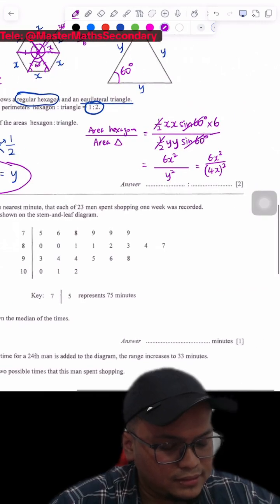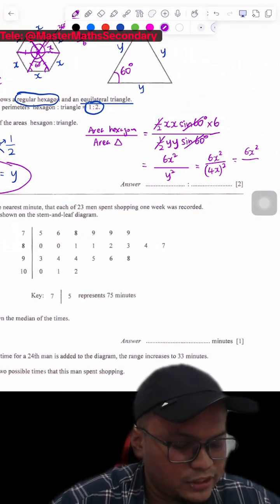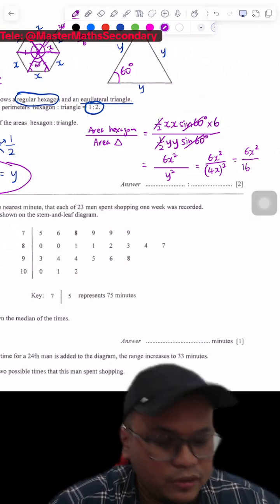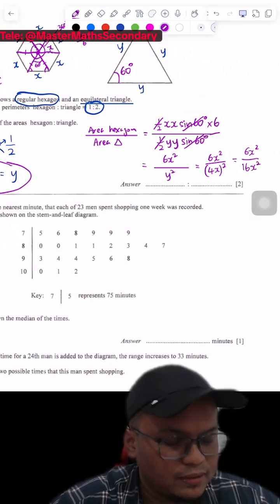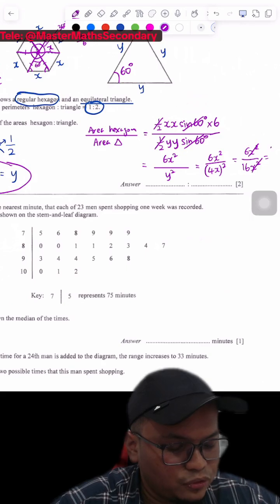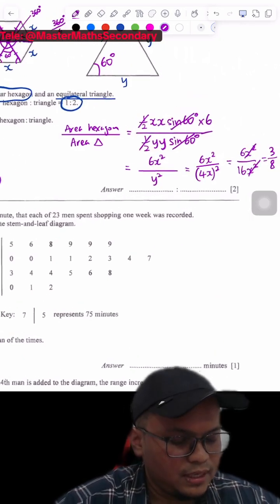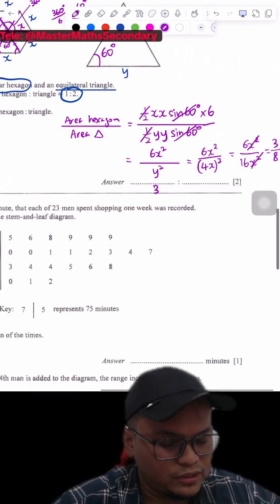This is 6x squared over 16x squared, because you square the 4 and the x as well. This allows you to cancel off the x squared, and that's how we get our answer, 3:8, or 3 over 8.